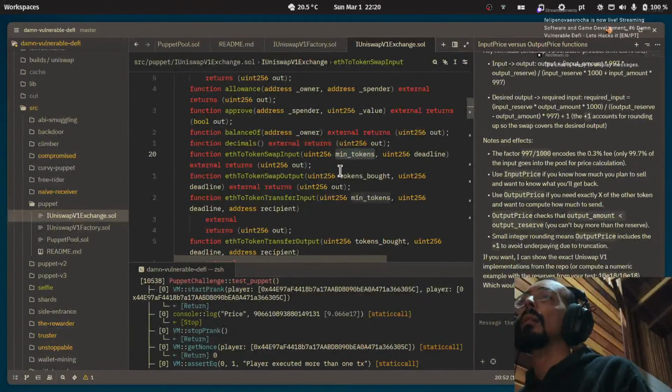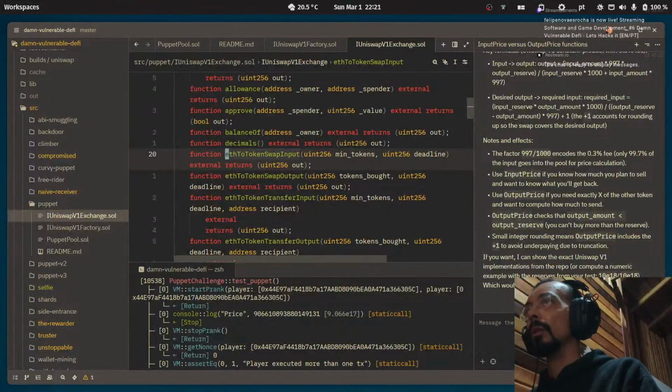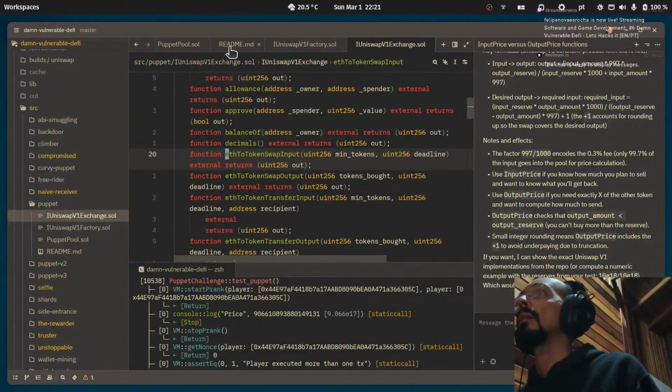No, that's not the... That should be 1. We have transfer to. Okay, they do a different recipient. So let's go this.